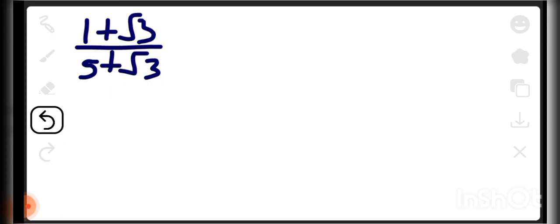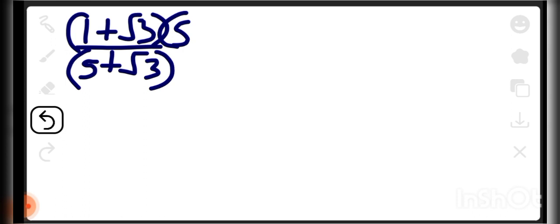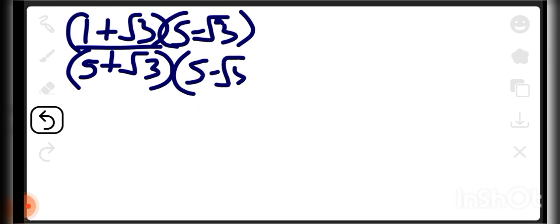So the next thing is, use that conjugate to multiply the denominator, and you also use it to multiply the numerator, both sides. So we use 5 minus root 3 to multiply this. We also use 5 minus root 3 to multiply this. So first thing, 1 will multiply everything here, then this one multiplies everything again. The same thing to the denominator.